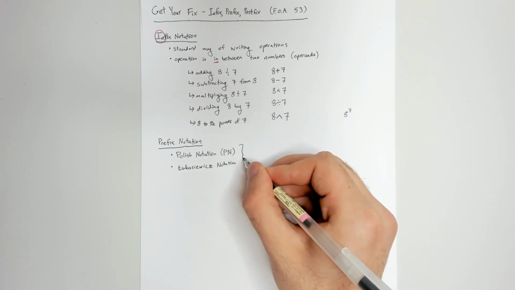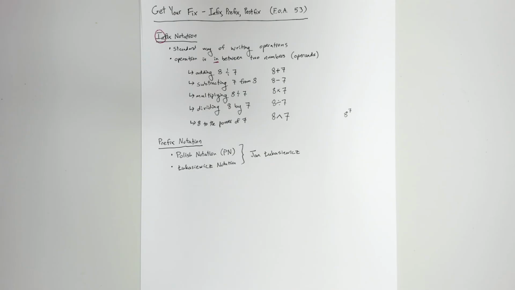These names come from the guy who came up with this, Jan Łukasiewicz, a Polish logician and philosopher. We're going to discover as we go through these why he decided to come up with them in the first place, and it's quite an interesting idea.